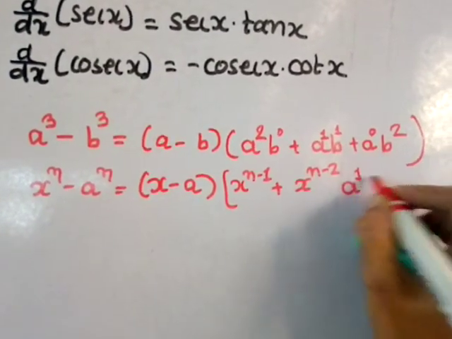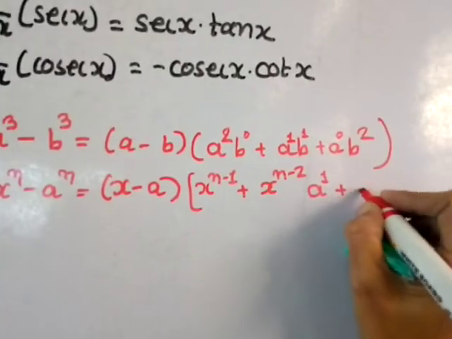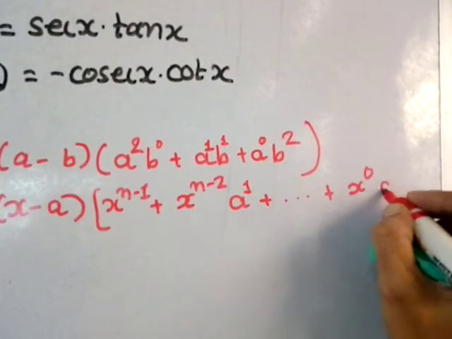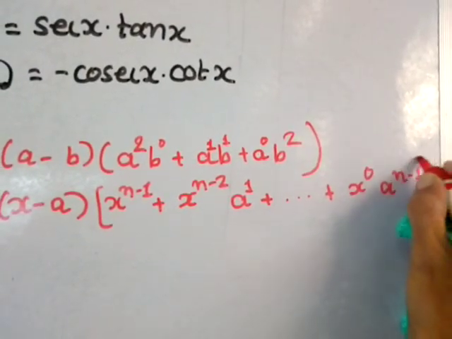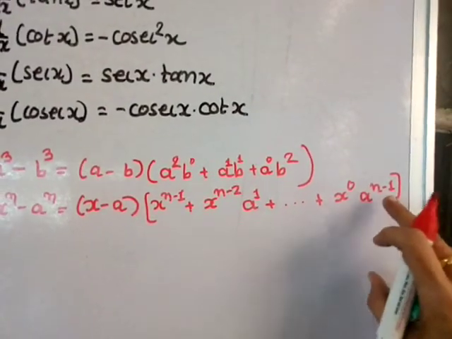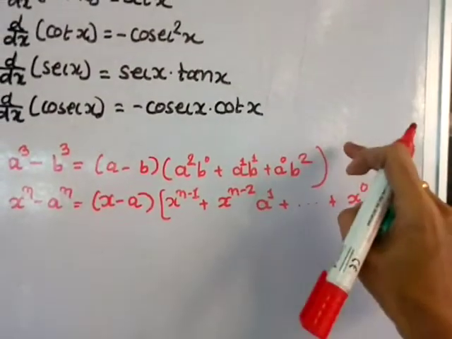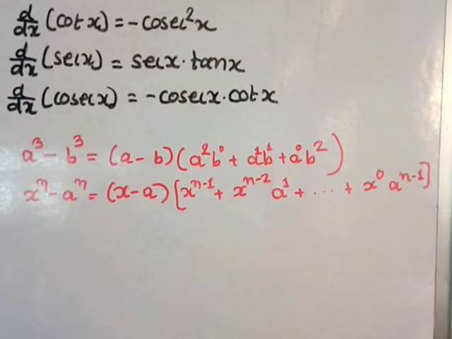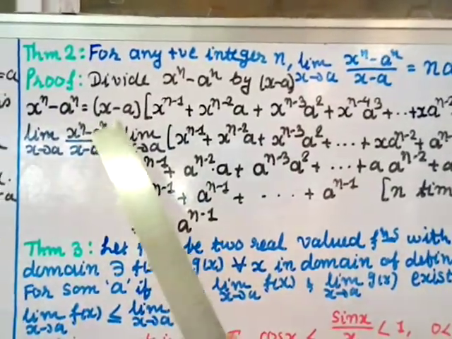See, b power 1 here. The same way you can write up to the last term. In the last term you will get x power 0 and a power will be highest less than 1. Here the highest is n, so less than that is a power n minus 1. If you compare with this, I think you can understand this. Now transfer this over here.